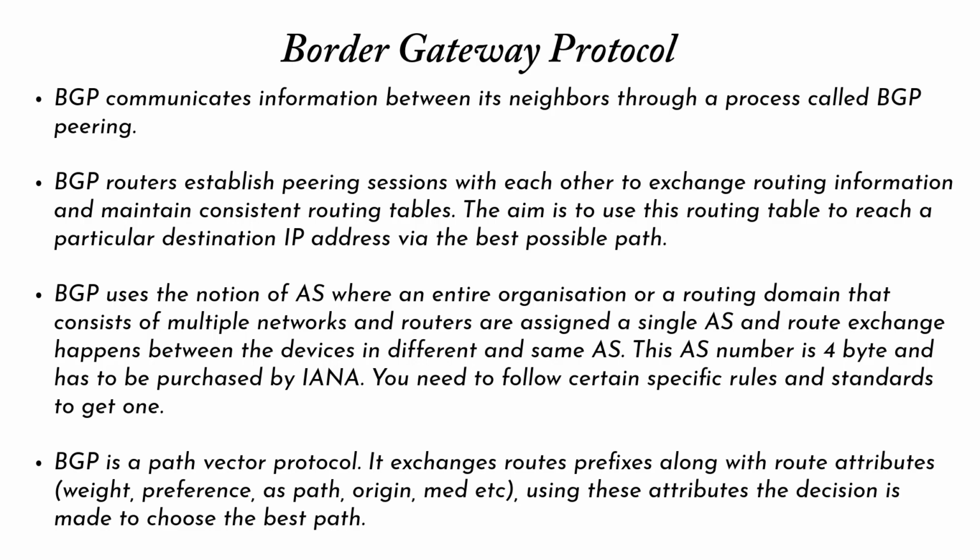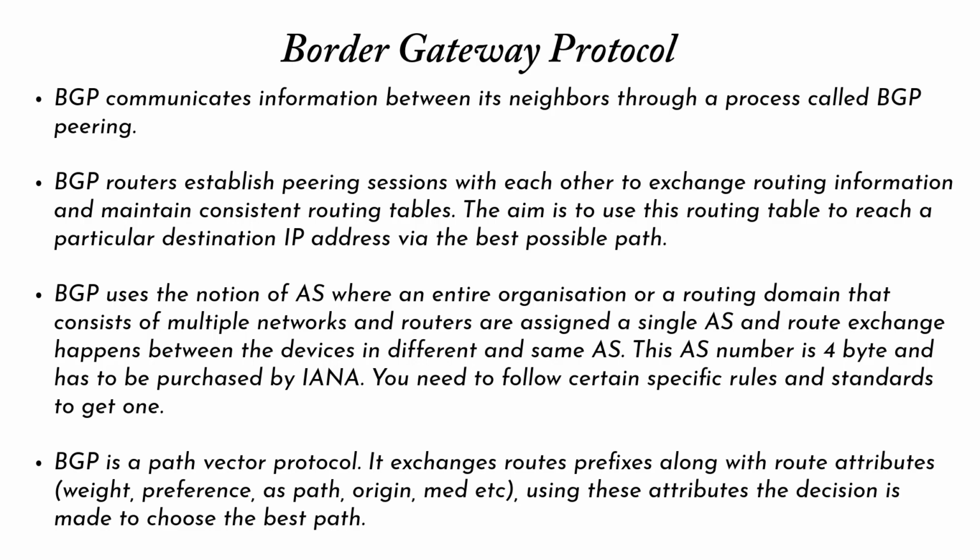We have millions of routers running on the networks, right? So BGP uses the notion of autonomous system. Remember this, autonomous system, AS, where an entire organization or a routing domain that consists of multiple networks and routers is assigned a single autonomous system, and the route exchange happens between the devices in different autonomous systems, as we'll see later in the video.